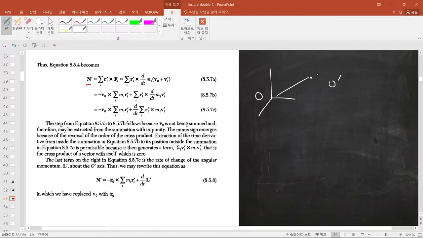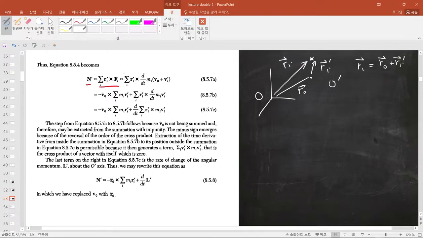Okay, and that is the coordinate with respect to O prime, and this one is the coordinate with respect to O. This is the i-th point particle, and that is R0, I think. Okay, so with respect to O prime, you have Ri prime cross F, and here of course Ri is equal to R0 plus Ri prime.